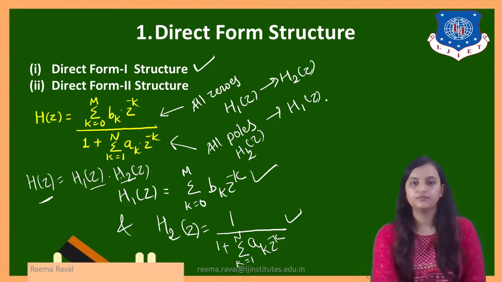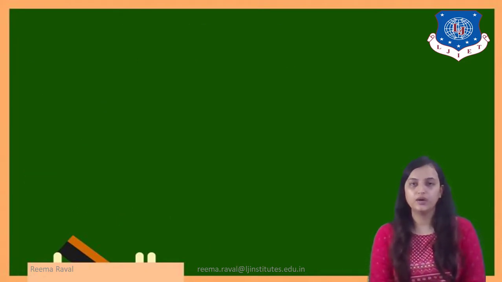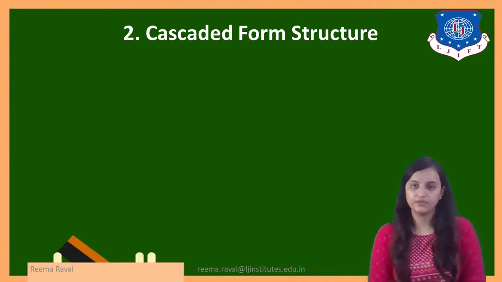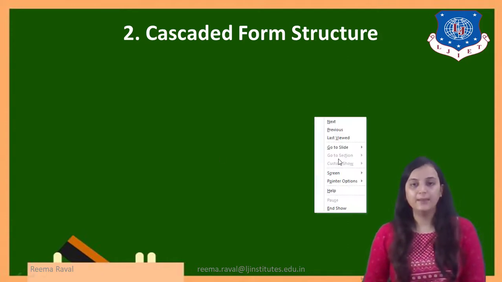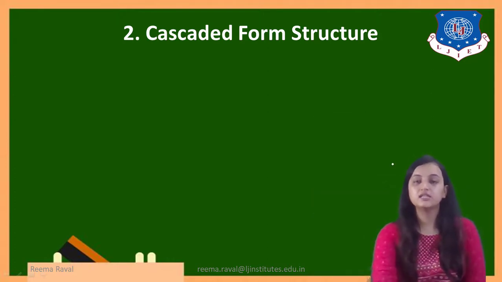Now, let's see the next one, which is the cascaded form structure. The cascaded form structure is also sometimes referred to as the series form structure. Whenever a system function is given to you, it is divided into parts.